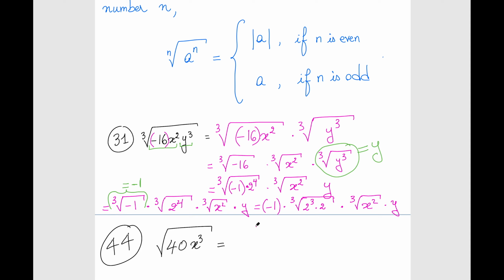So I can rewrite this as negative 1 times the cube root of 2 cubed times the cube root of 2 times the cube root of x squared times y. Okay. And what's the third root of 2 cubed? What's the nth root of a to the n if n is odd? That's simply a, which is 2. So this is simply 2 then.